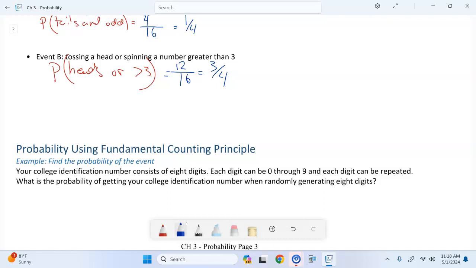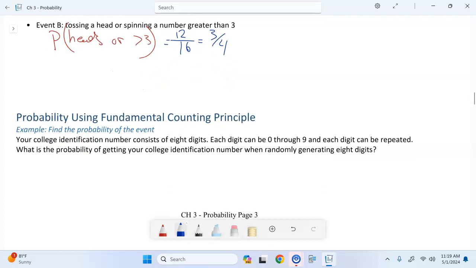So, how many people have any given college ID number? You go to college next year, you get an ID number. How many people are going to have that number? One person, right? One person will have that ID number. So, we have one combination. But how big is our sample space? Well, it's not 8, because I have 8 digits.